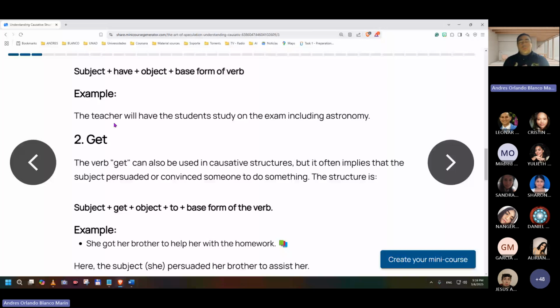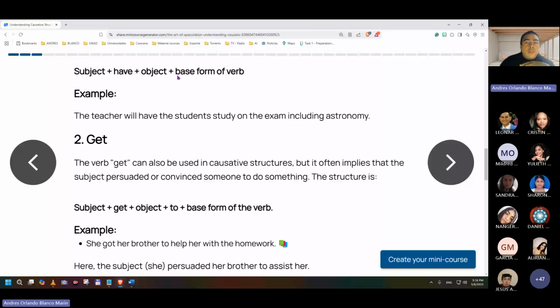So when I'm going to use have as a causative verb, I'm trying to convince someone, right? So the teacher will have the students study. So I'm going to try that my students study for the exam.